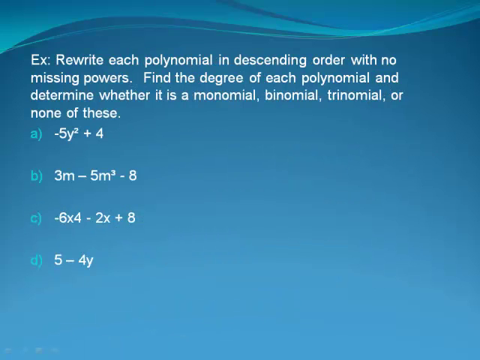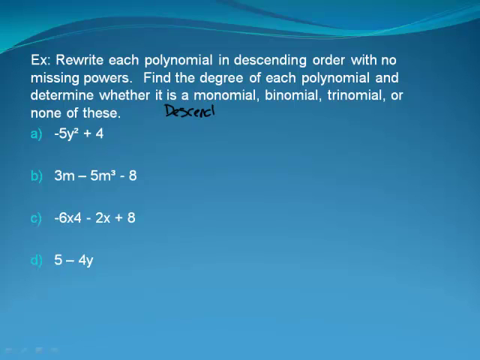Okay, so let's practice that. Let's rewrite each polynomial in descending power order with no missing powers. Find the degree of each polynomial and determine whether it's a monomial, binomial, trinomial, or none of these. All right, so we're asked to do several things here, so I'm going to make a table to keep track. We want everything to be in descending power order.